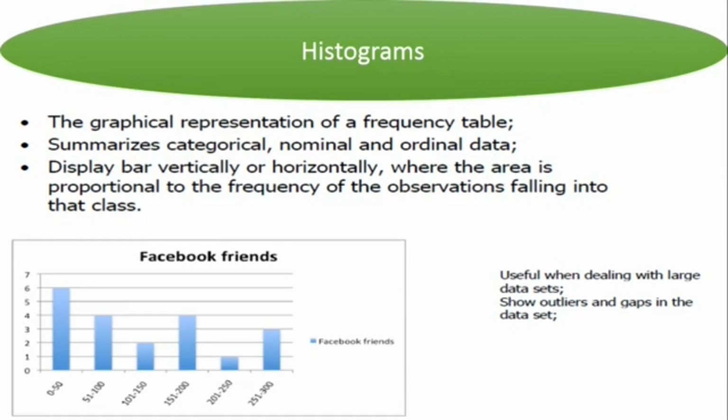The area is proportional to the frequency of the observations that fall into that class. It is useful when dealing with large data sets, and it shows outliers and gaps in the data set.